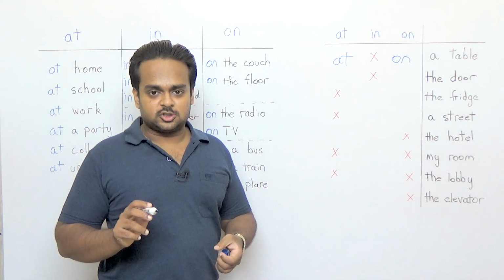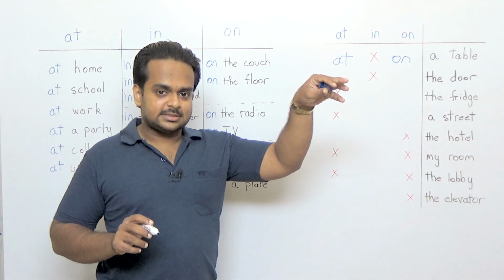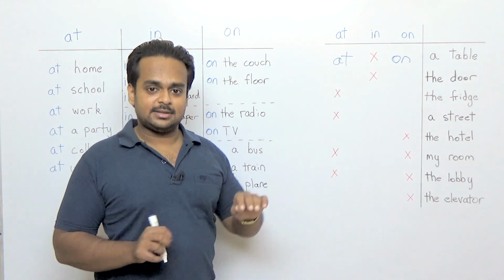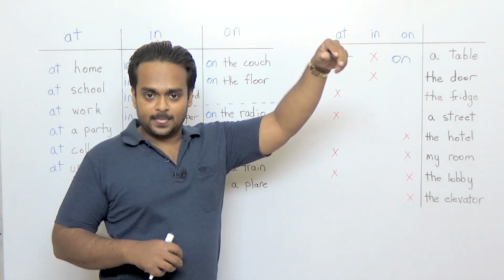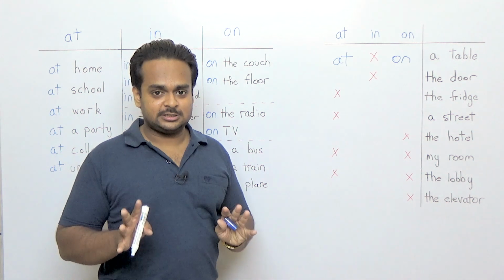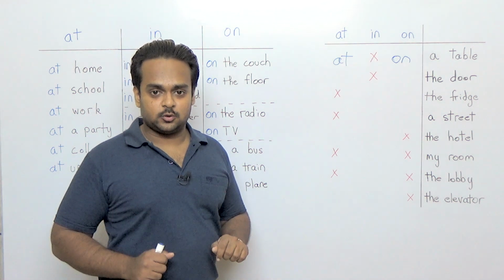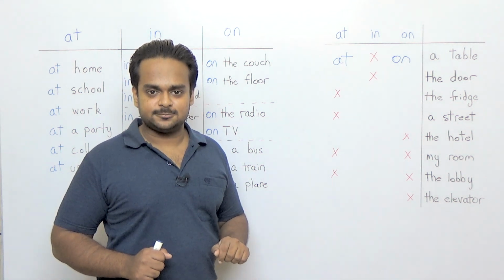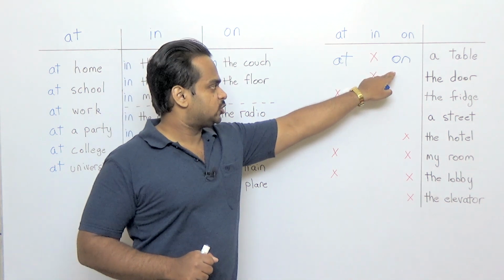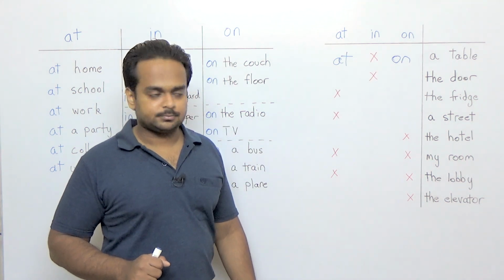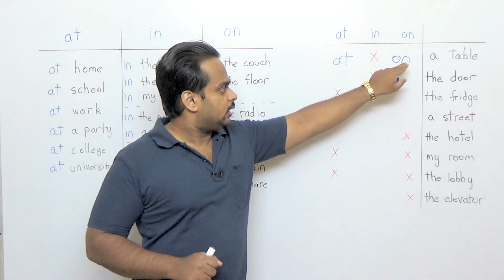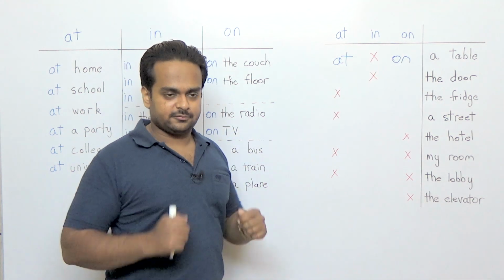If we say that a person sat on a table, then that would mean that they climbed on top of the table and sat there, which is a very strange sight, and the manager of the restaurant may have even called the police. So be aware of that difference between at and on. At means next to a table, and on means on top of.